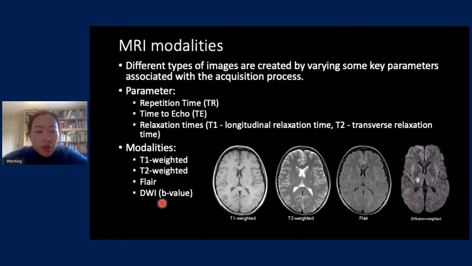There is a parameter also associated with DWI, which is called the B value. That is associated with defining the gradient strength and the duration of the MRI, which determines the degree of diffusion weighting.